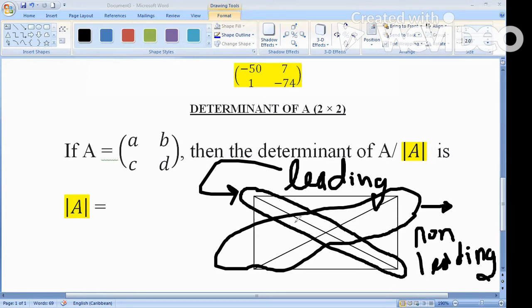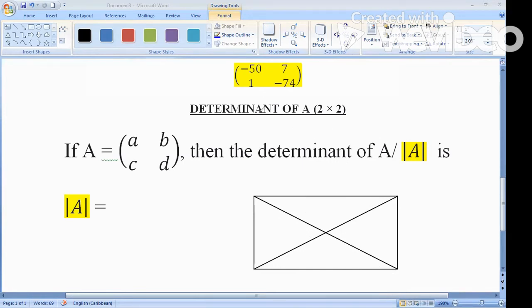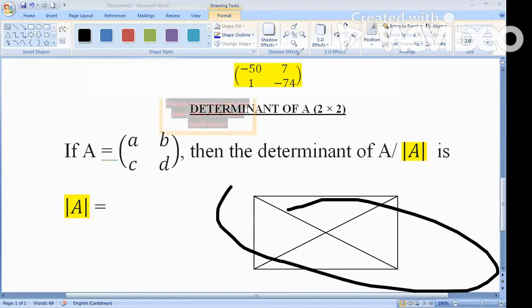The one that slants to the left is called the leading diagonal. The one that slants to the right is called the non-leading diagonal. Now, if you notice, the matrix has diagonals just like this rectangle. Would you agree with me?